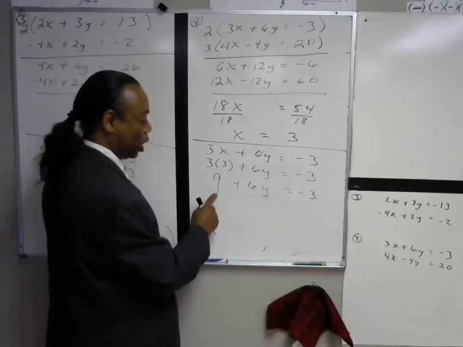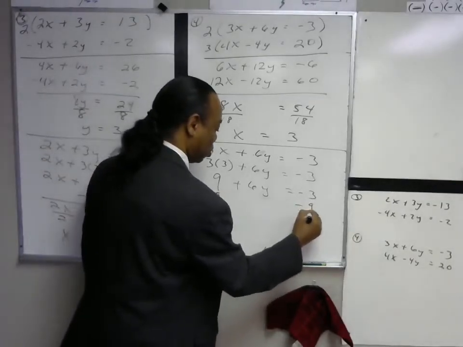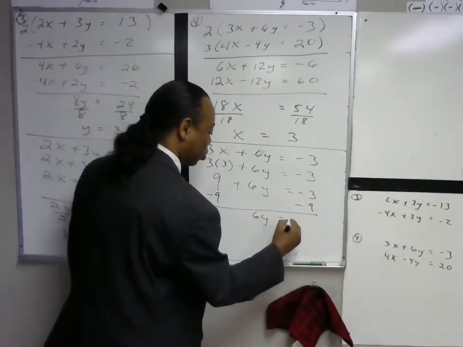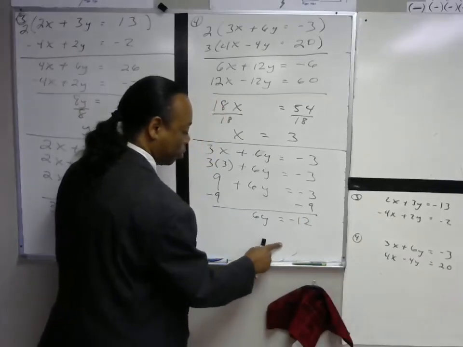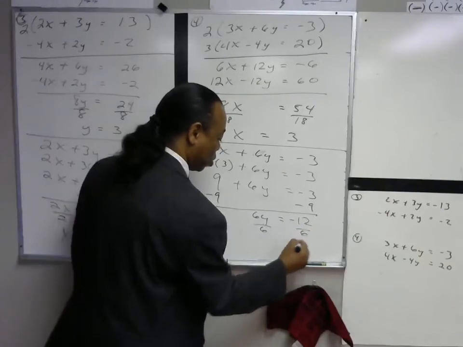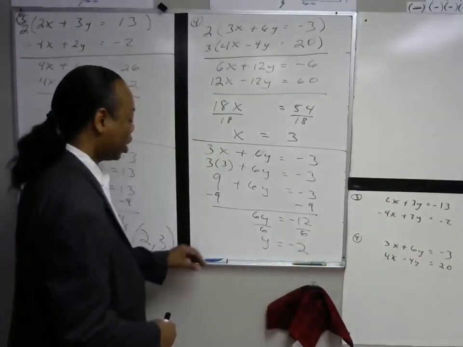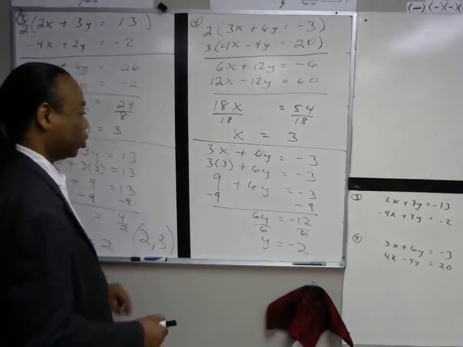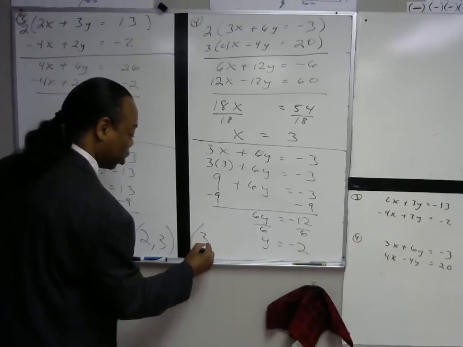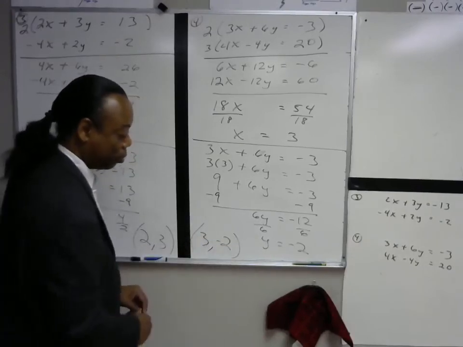And I want to subtract that 9 from both sides. It gives me 6y equals negative 12. Dividing both sides by 6, we get y equals negative 2. So I would describe our solution of the system as x is 3 and y is negative 2, written as a coordinate.